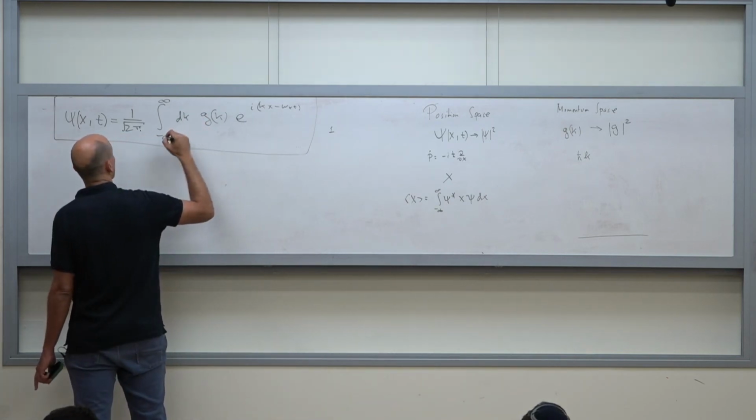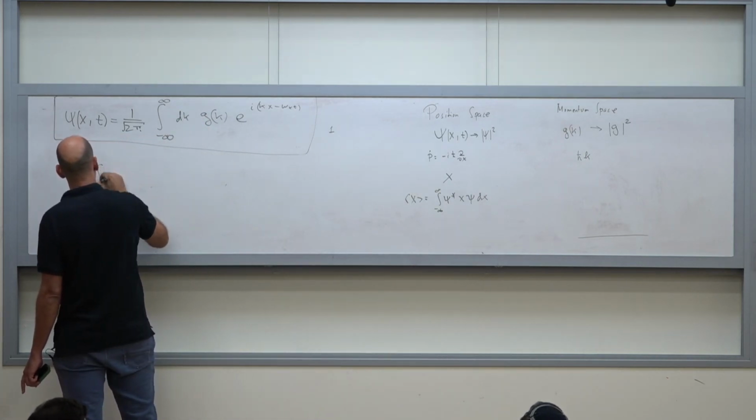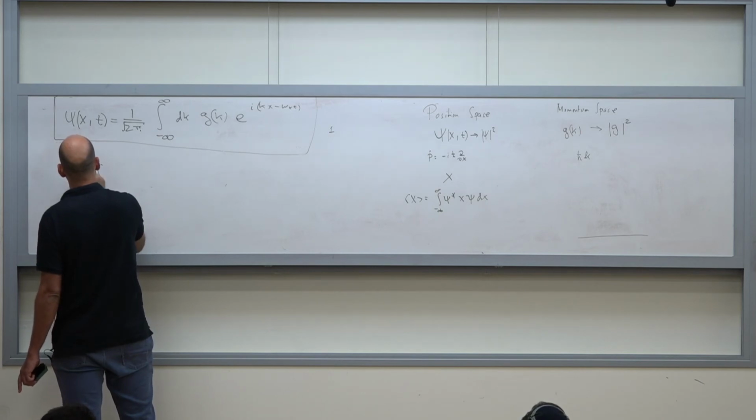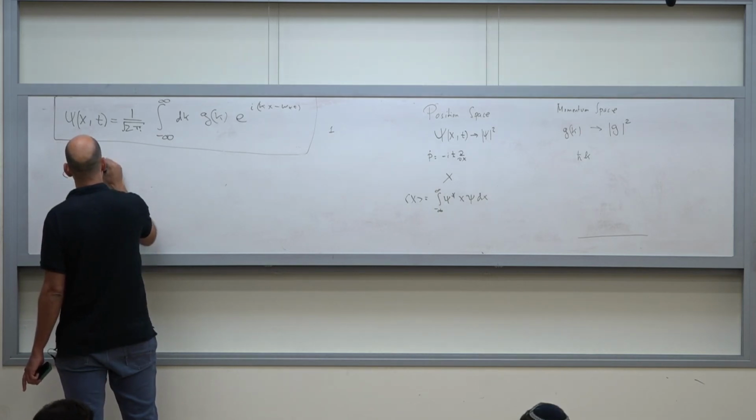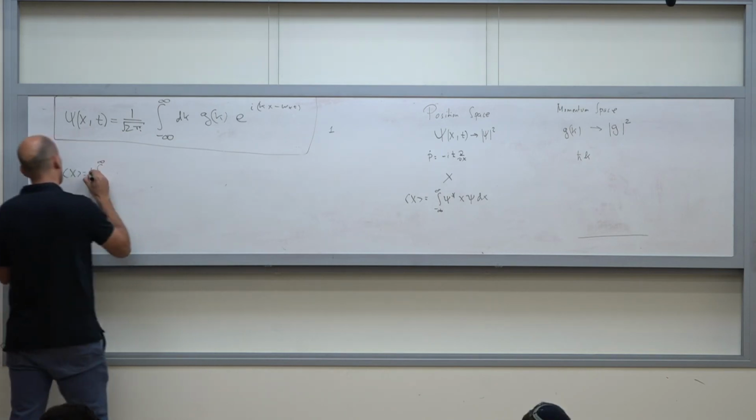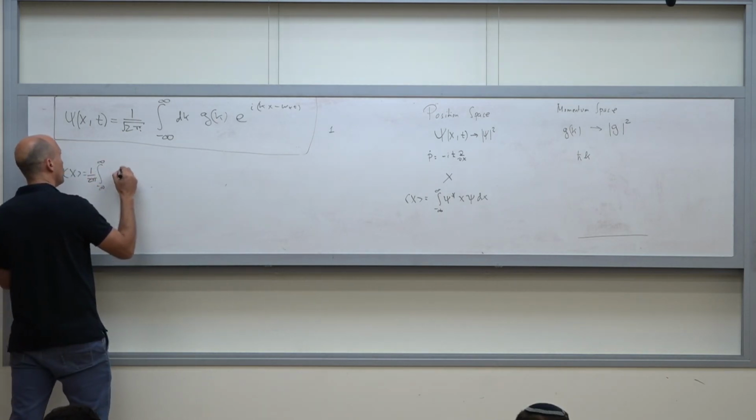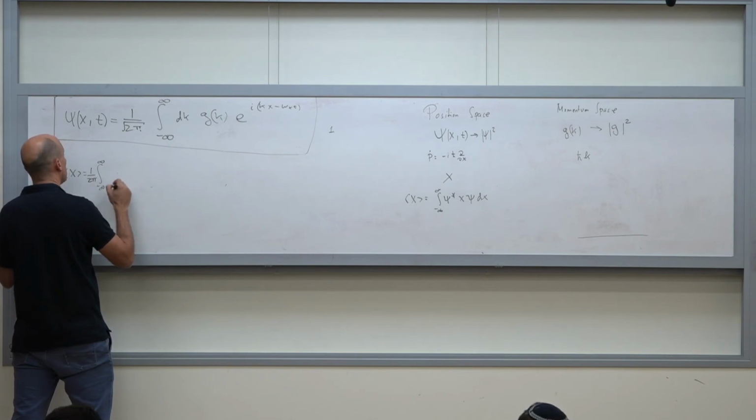Because if I multiply this by x, let's calculate x. Let's try, just the beginning of the proof. Then I need to write it like this.